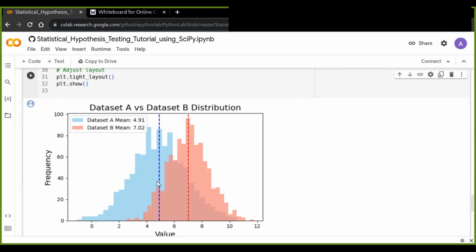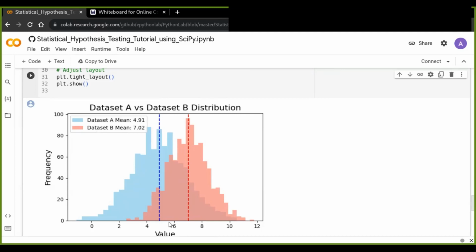So this suggests that on average, the values in dataset B are higher than those in dataset A. You can see that the right side has the higher values and the left side has the lower values. So dataset B is distributed on the right side.